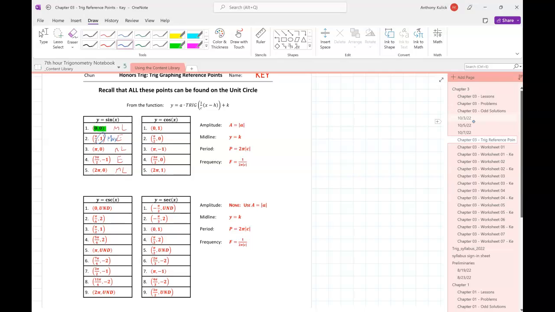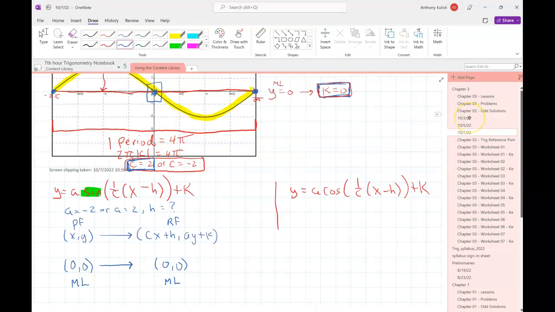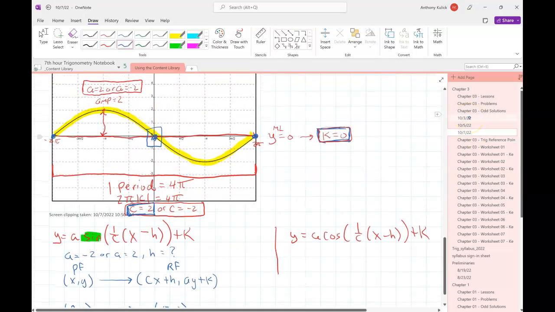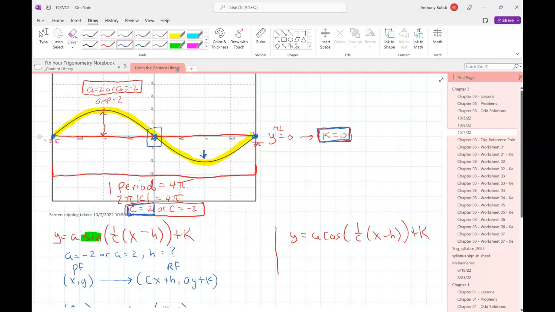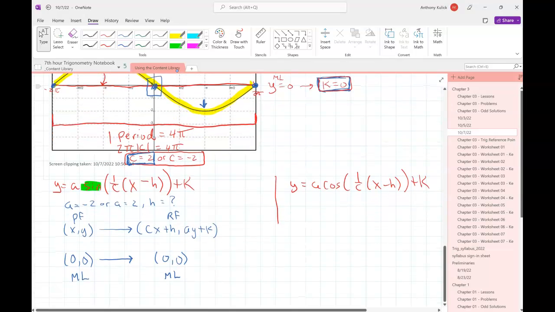right? If I go look at my picture now, what is the extreme point after 0, 0? That's a minimum. So I'm just going to add a little notation here. In the parent function, I had a midline point, and then after that was a maximum.